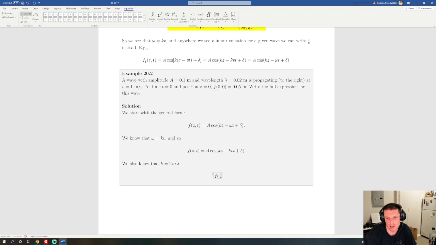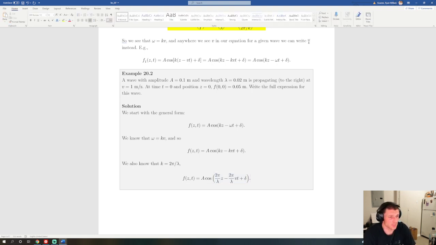Then we have f of z and t equals A cosine, and now we write (2 pi over lambda) z minus, and I'll copy and paste this because it's the same prefactor, (2 pi over lambda) vt. Delta doesn't change, can't really do anything with it just yet. And so now our equation looks like this.